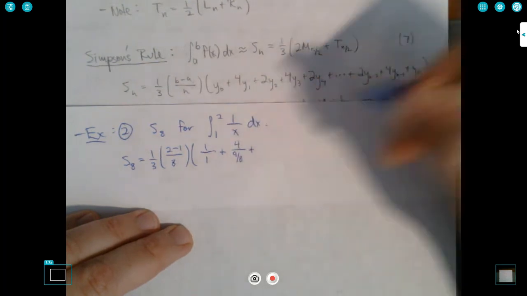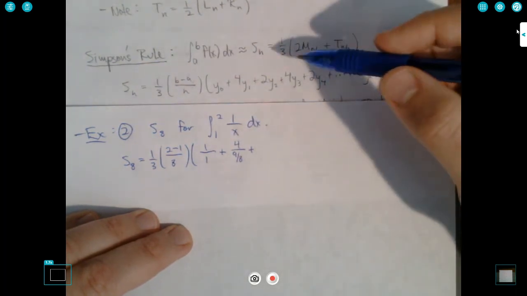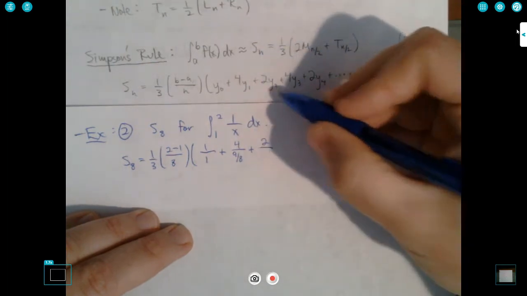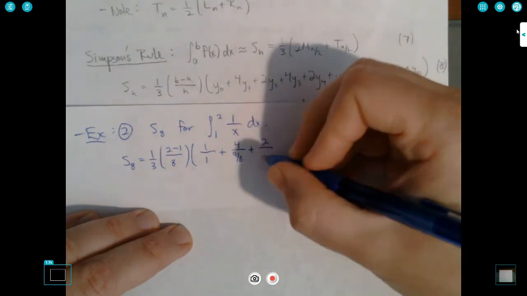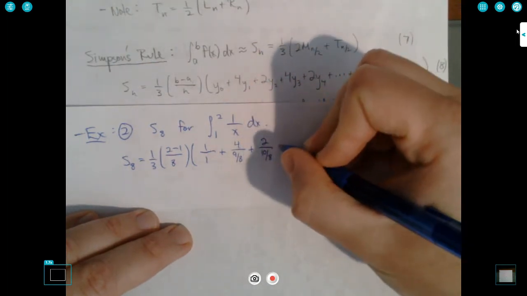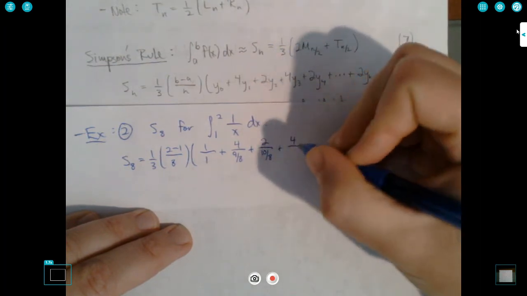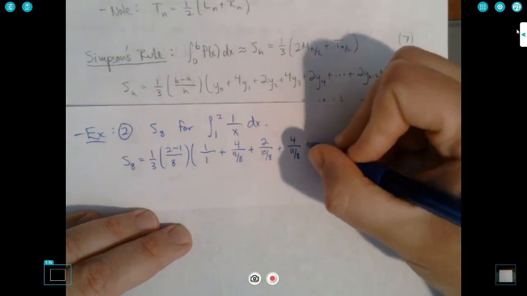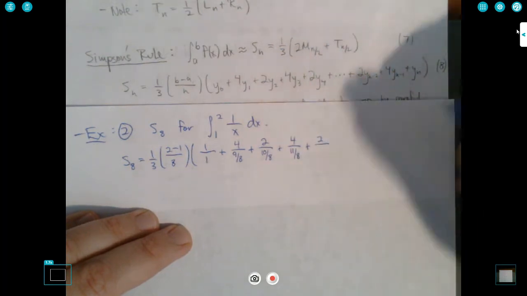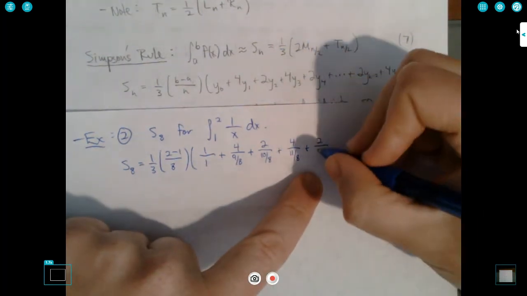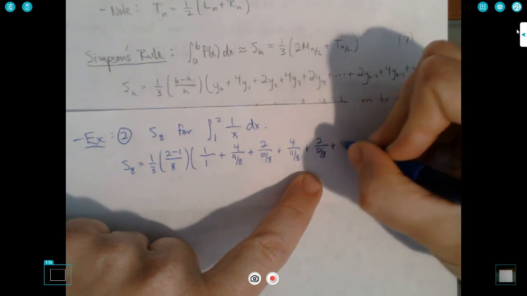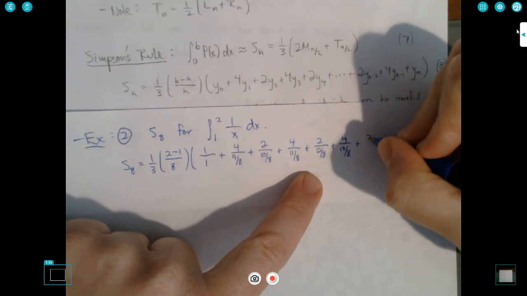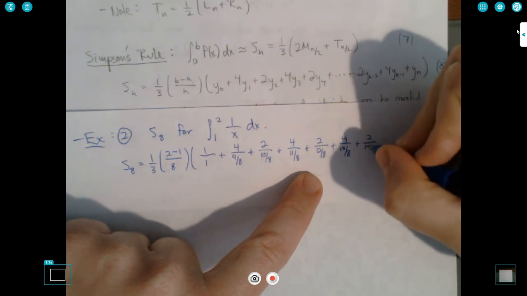Okay, and then 2 over, if I add another 8th, it's going to be 10/8, plus 4 over, if I add another 8th, it's going to be 11/8. Okay, 2 over 12/8, 4 over 13/8, 2 over 14/8.